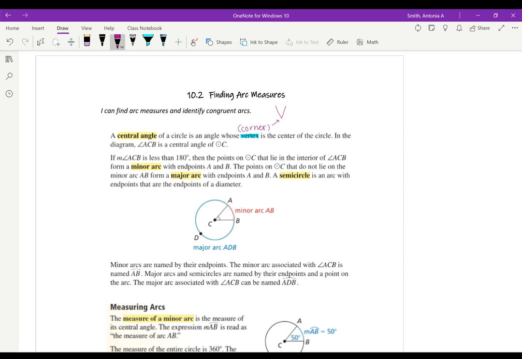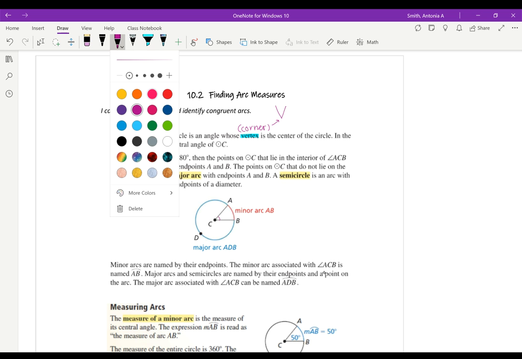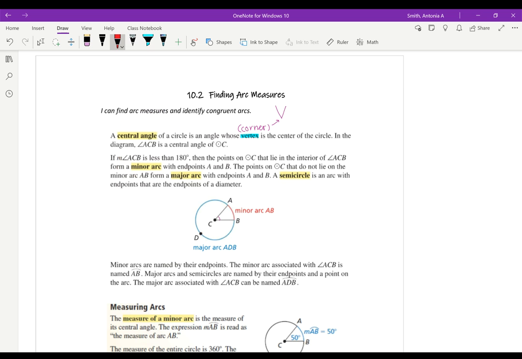If the measure of this angle is less than 180 degrees, then the points on circle C that lie on the interior of angle ACB form a minor arc with endpoints A and B. Let me get a different, bolder color here. What that's saying is if this angle is less than 180 degrees, then the part of the circle that connects the endpoints is called a minor arc.